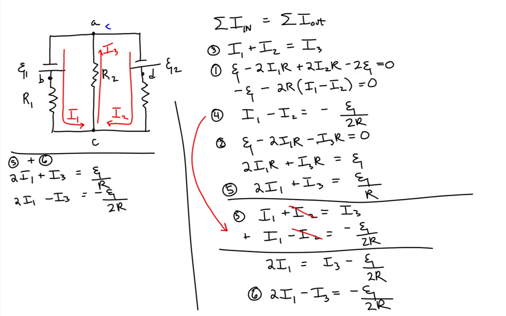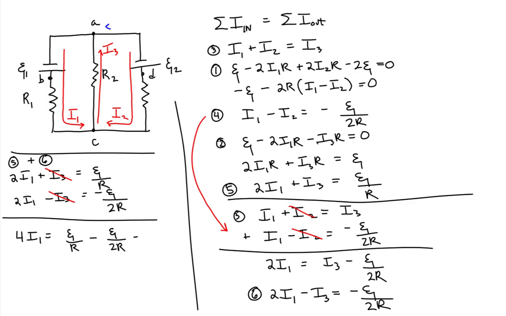When we sum these together, notice that the current 3 cancels. So what we have is 4I1 is equal to the EMF over the resistance minus the EMF over twice the resistance.